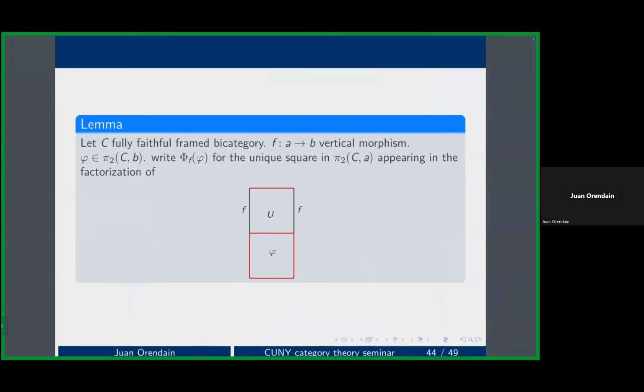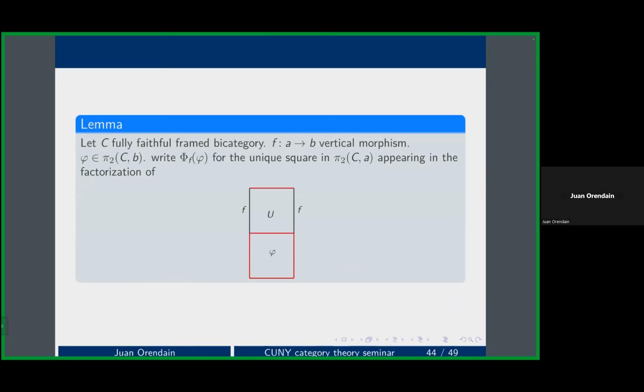Now, why do we care about this fully faithful and absolutely dense stuff? If C is a fully faithful frame bicategory, F is a vertical morphism, and phi is a red boundary square on the codomain of F, then we can consider this square here.